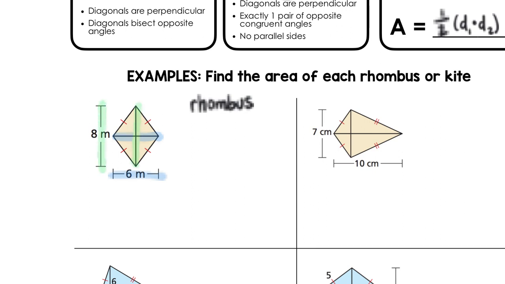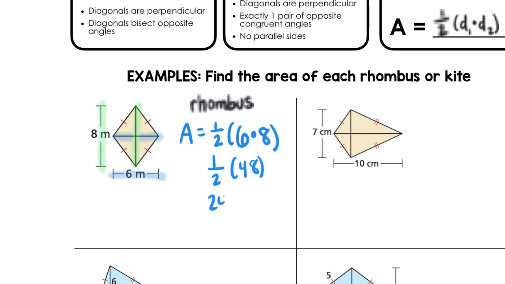So they did give us both of the diagonal lengths. So remember our formula for the area is just 1/2 multiplied by the product of the diagonals, and we already know that those are 6 and 8. It doesn't matter which one we call D1 and which one we call D2. So it's 1/2 times 48, so it should be 24 square meters for the area.